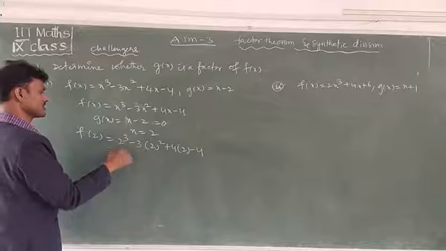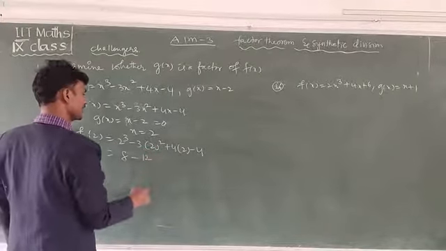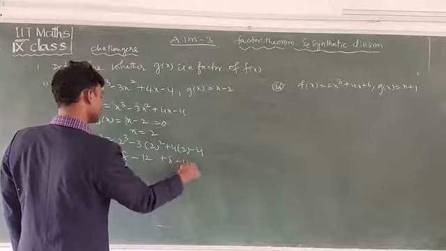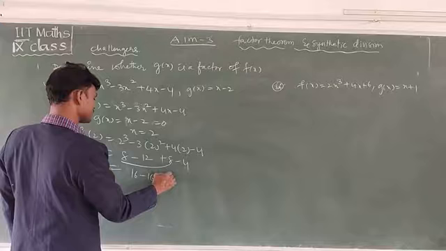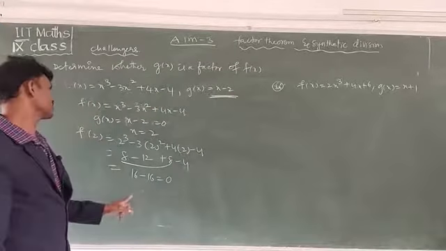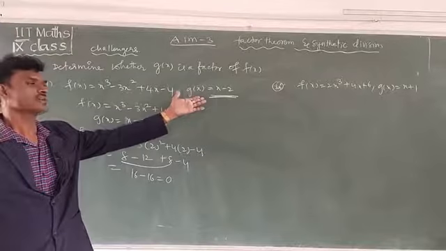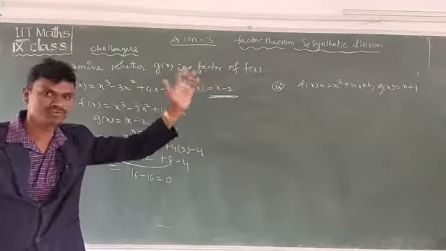Then 2 cube is 8, 2 square is 4, 4 3s are 12 and 2 4s are 8, minus 4. Now you can add 8 plus 8, 16, minus 16 is equal to 0. Then the remainder is equal to 0, so this is a factor of the given polynomial. Note down this one, you can try the other at home.